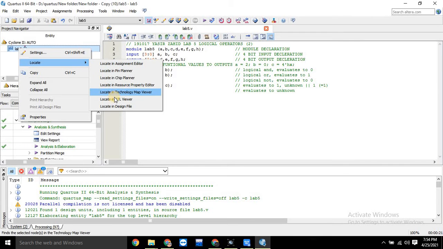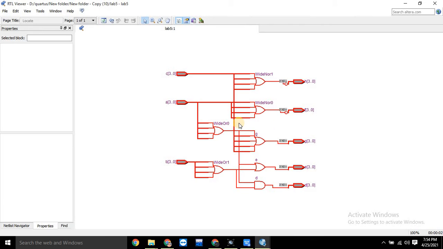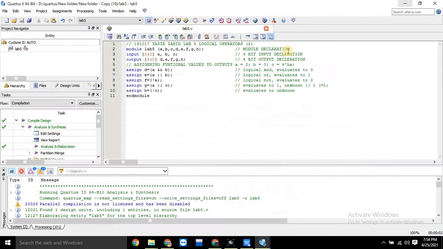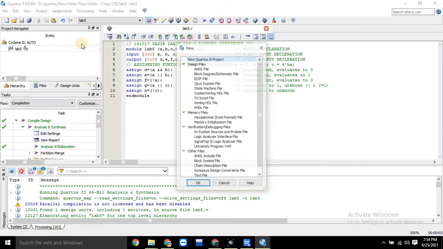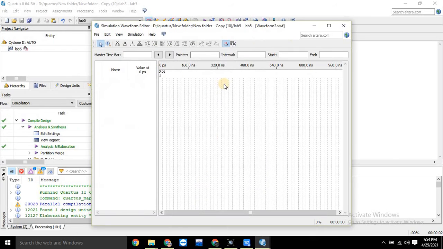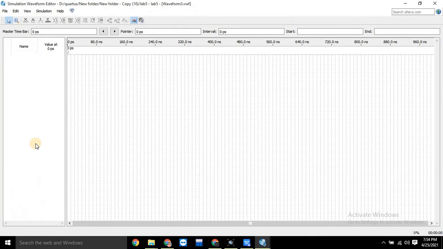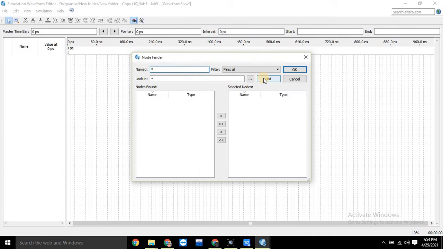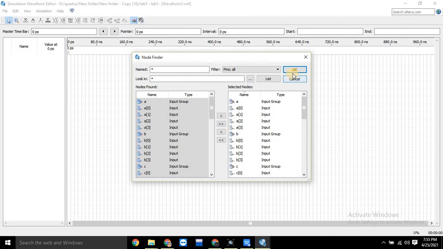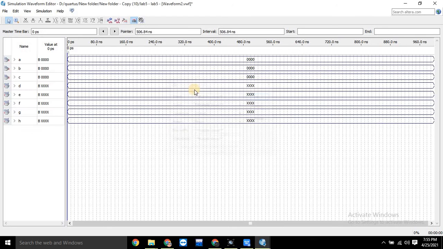Okay, so this is the RTL view, with outputs D, E, F, G, H. Now coming to its University Program VWF file, and we'll import all the nodes: A, B, C, D, E, F, G, H.